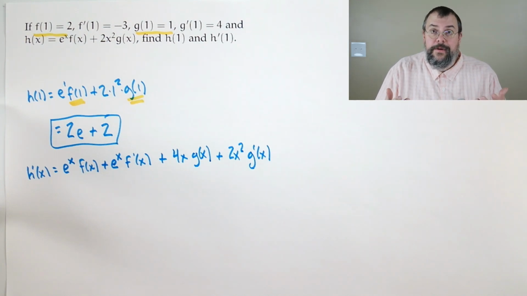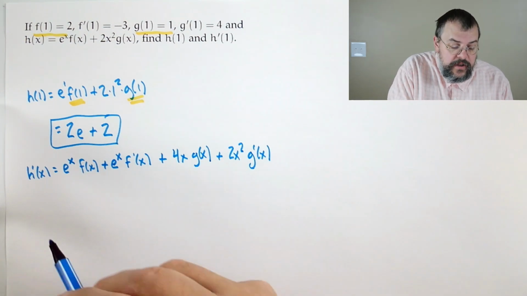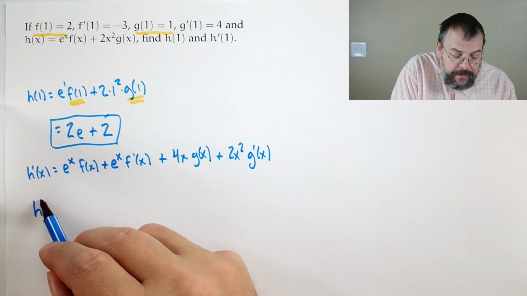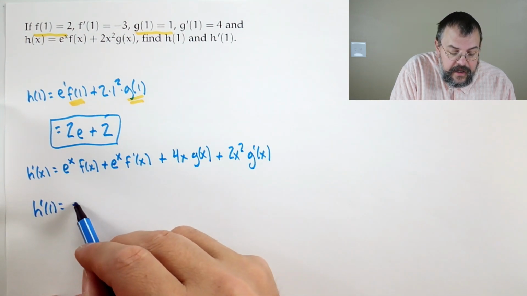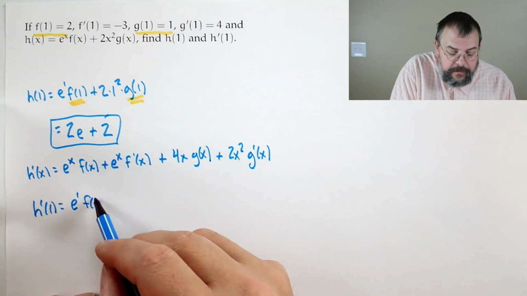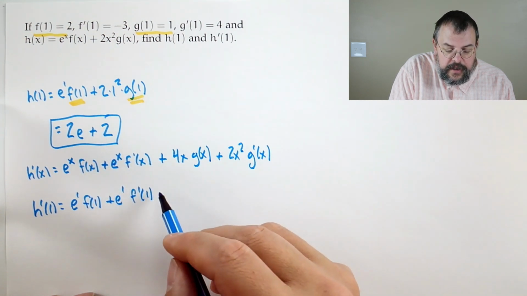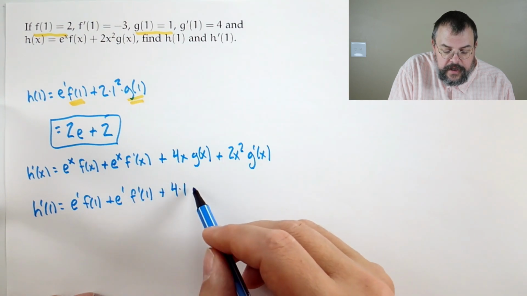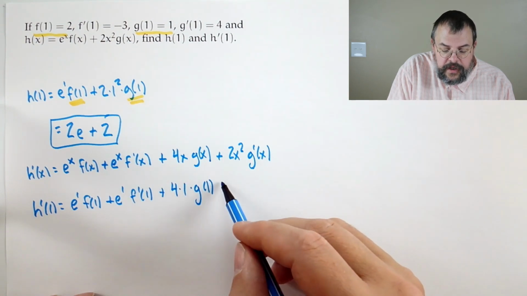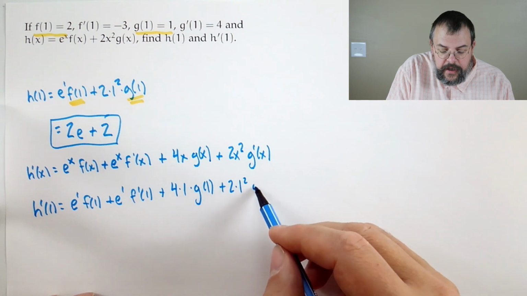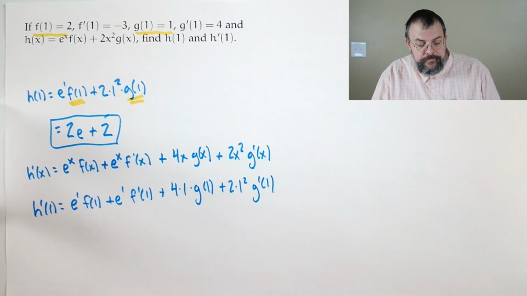Now we'll do the same thing where we plug in 1. So we have that h prime of 1 is e to the 1 times f of 1 plus e to the 1 times f prime of 1 plus 4 times 1 times g of 1 plus 2 times 1 squared times g prime of 1.